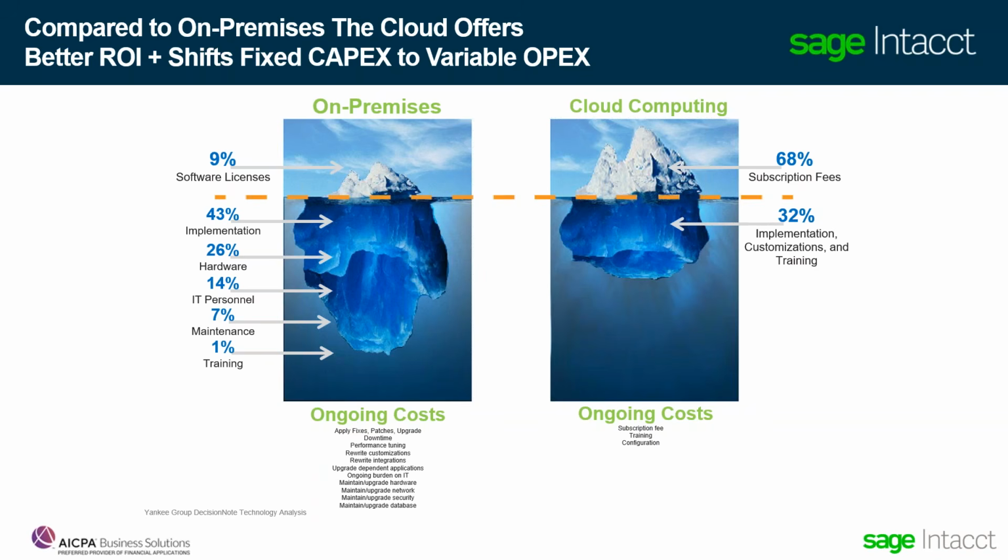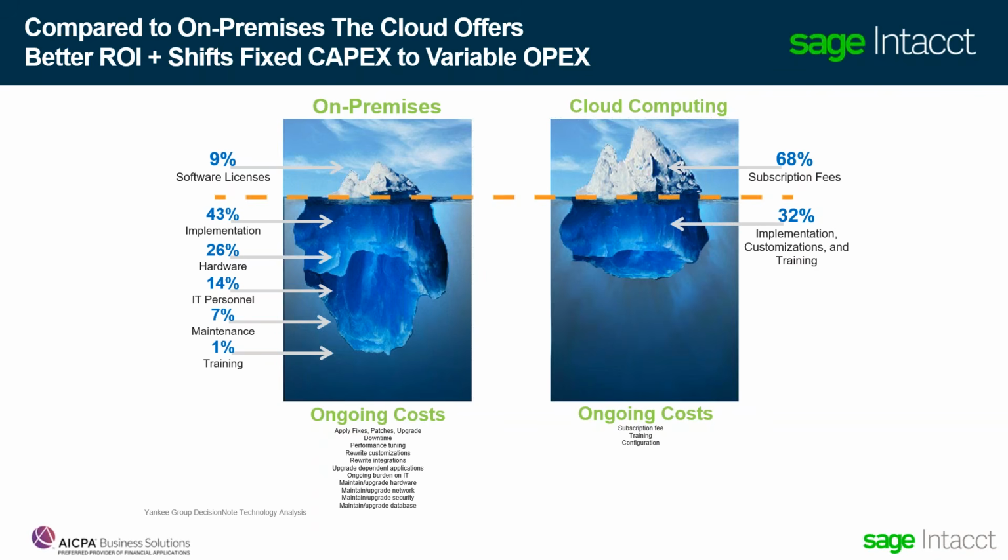So when you look at the on-premise slide, you see there's a little bit of the iceberg above the water, but most of the iceberg is under the water. And that's the scary part, because that's what you don't see. You don't see always what's underneath the water, but it's there. And more importantly, you're paying for what's underneath the water that you don't see.